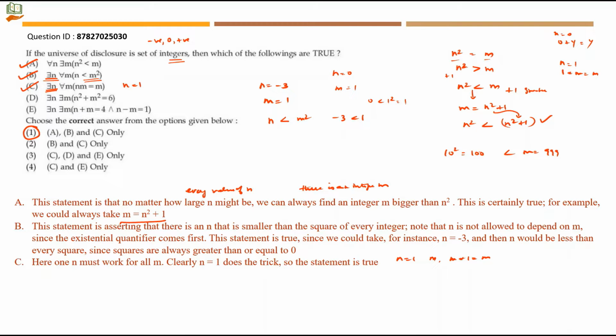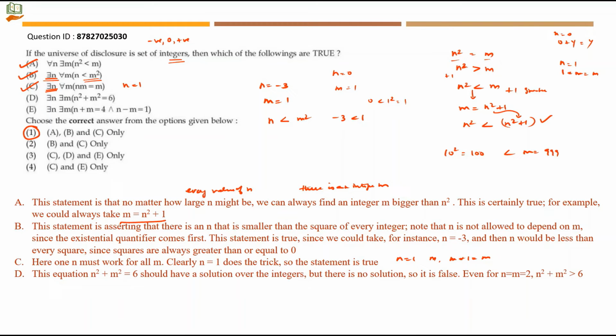Now we will get into D. They have given a particular equation. There exists a number n and there exists a number m. It means they can take a particular value also. N square plus m square is equal to 6. So if I take 1 and 1, it will give me 2. Then if we take 1 square and 2 square as 4, it will give 5.